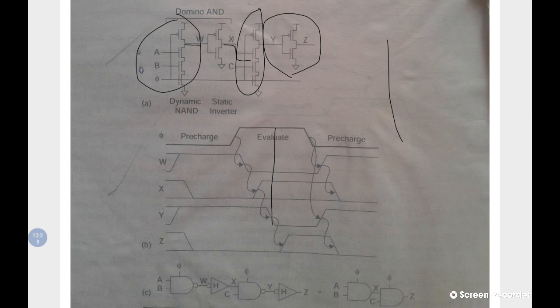Wherever Y is high, Z is low, and wherever Y is low, Z is high. So this is how we provide the dynamic gates with monotonically rising signals, and thus we can avoid the direct connection problem we saw. So this is one modification we are doing with the dynamic circuits. Thank you.